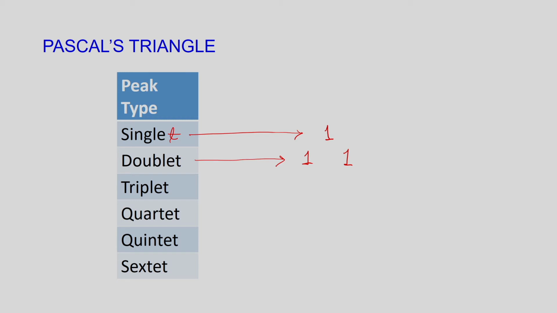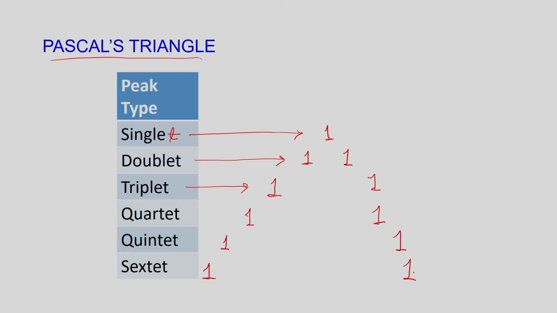Now, in the case of a triplet, you make a triangle, right? This triangle is called the Pascal triangle. All the values on the sides are equal. So you make here 1, here also 1, here also 1, and here 1, here also 1.